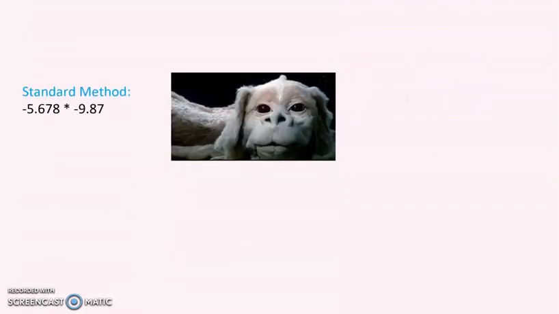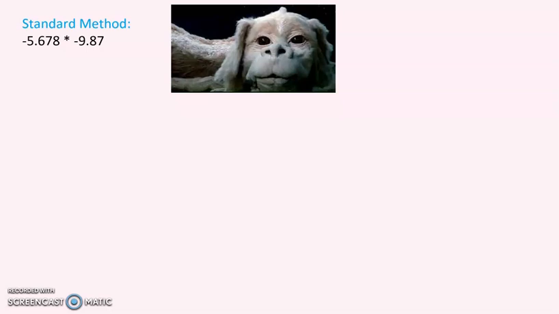But let's try the standard method, which remember every single mathematician knows how to do. So when we set this one up, we just need to make sure that we have our numbers set up all the way on the end, that right side of the number. So I'm going to have 5.678 times 9.87.